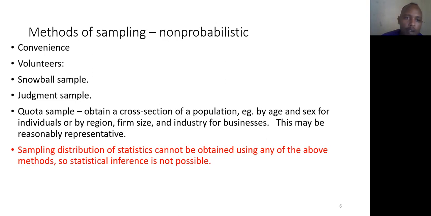The first one is convenient sampling method. Sometimes researchers use a convenient system or convenient place for data collection or determining sample size.